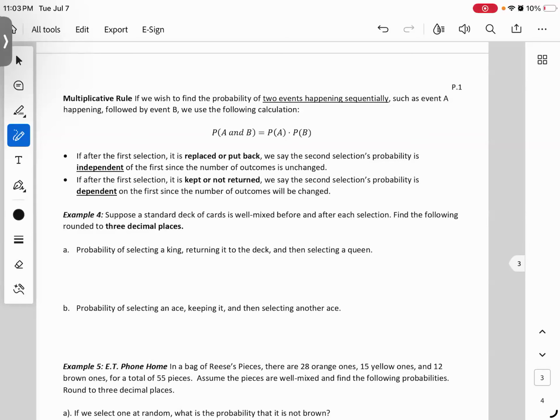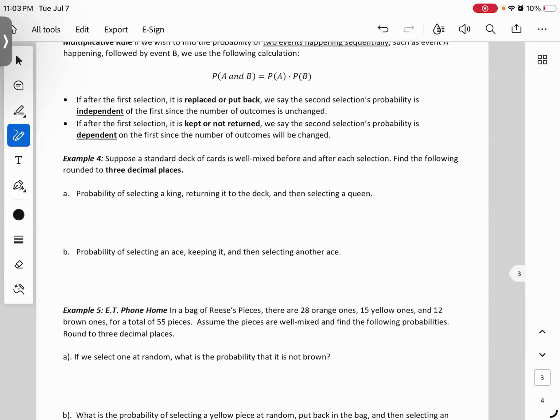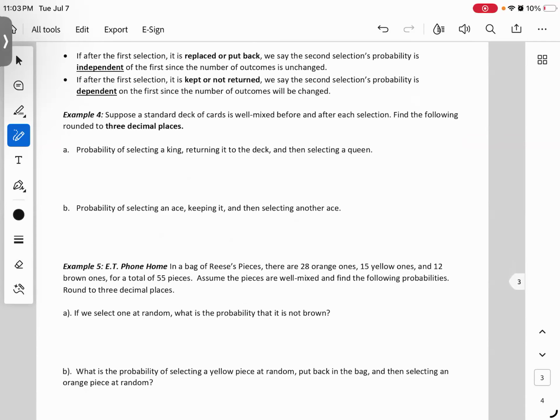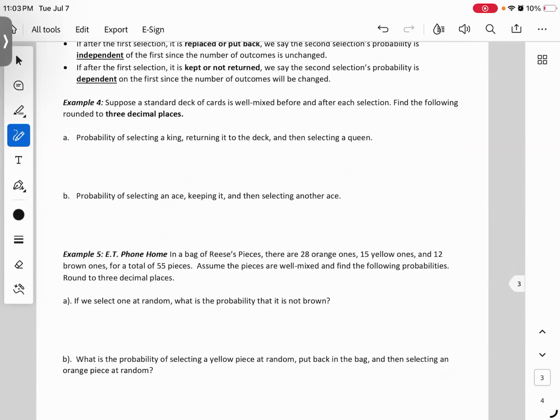Now, let me go ahead and just jump right into an example. So example four, it's just reusing the idea of the deck of cards. So if you had a whole deck of cards and they asked what's the probability that you get a king, and then after the king, you get a queen. Again, you're not required on your homework to write this little notation, probability king times probability queen.